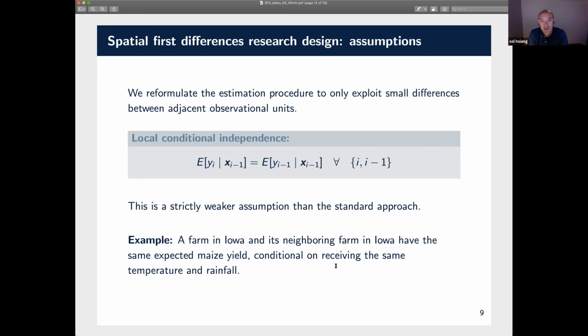Okay, so in this case, what we're assuming is location I would behave the same as location I-1, where we're taking I to index observations across space, if they are given the same treatment. And this is a strictly weaker assumption. What you're saying is basically a farm in Iowa would behave the same as a neighboring farm in Iowa if they were given the exact same climate, okay?